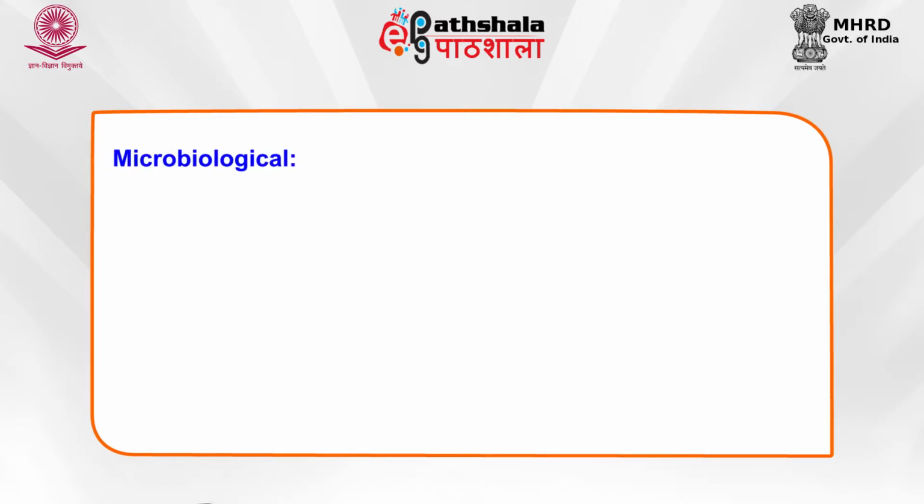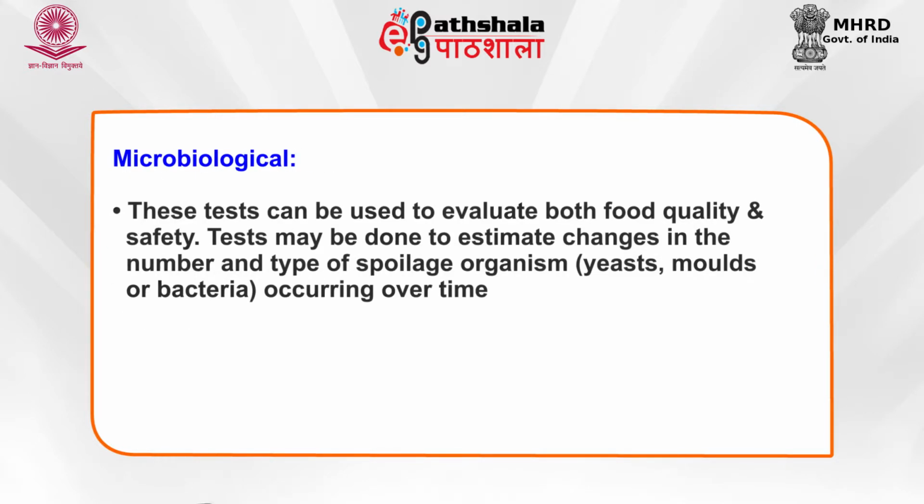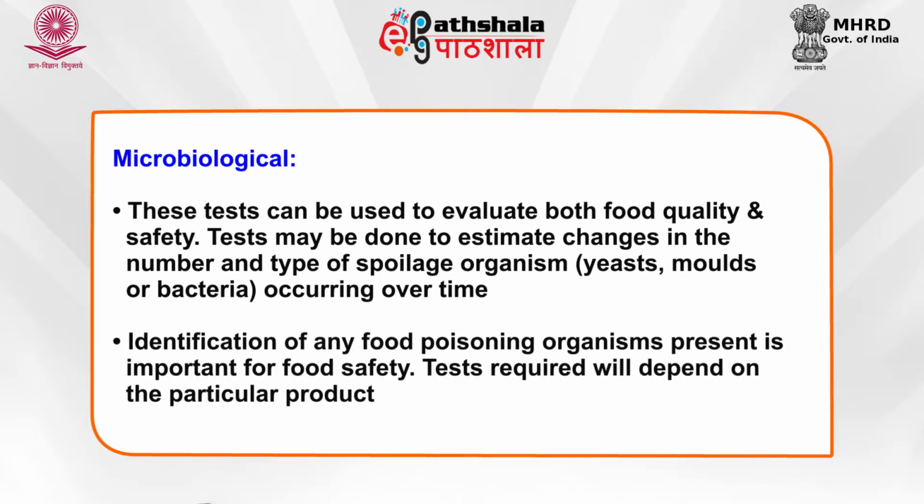And coming to the microbiological. These tests can be used to evaluate both food quality and safety. Tests may be done to estimate changes in the number and type of spoilage organisms, generally yeast, molds or bacteria, which occur over time. Identification of any food poisoning organisms present is important for food safety.